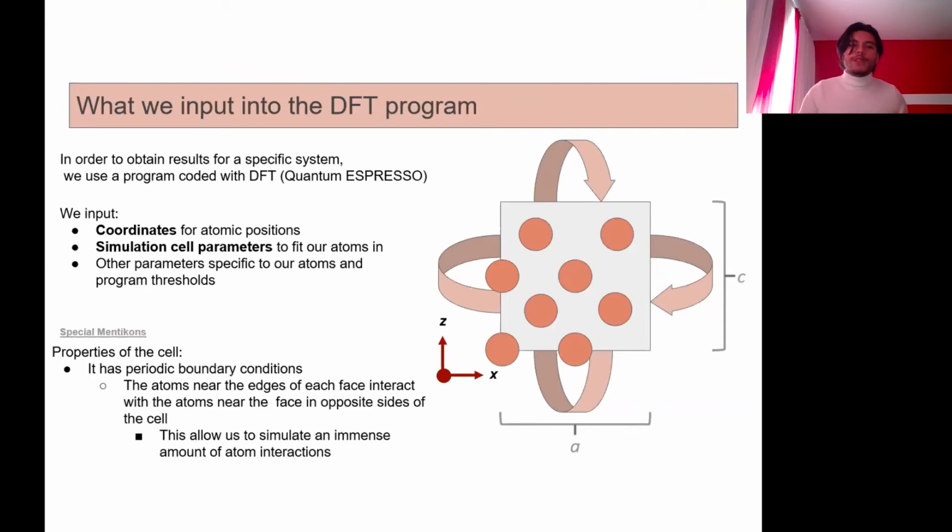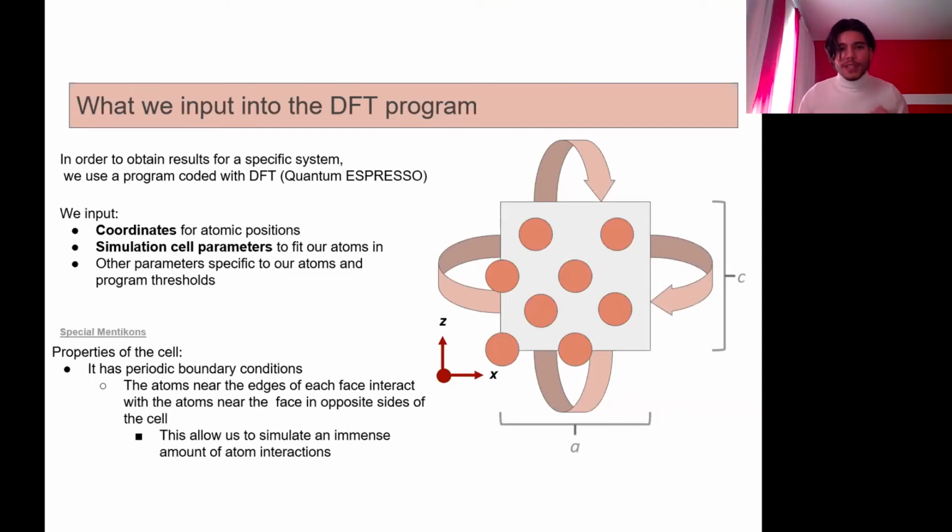For my specific investigation, we used density functional theory in a program called Quantum Espresso, which was already coded with density functional theory. What we had to do was input a couple different things. For example, the coordinates for atomic positions, simulation cell parameters to fit our atoms in, and other parameters specific to our atoms, such as the type of atom, in our case, silicon, and some program thresholds.